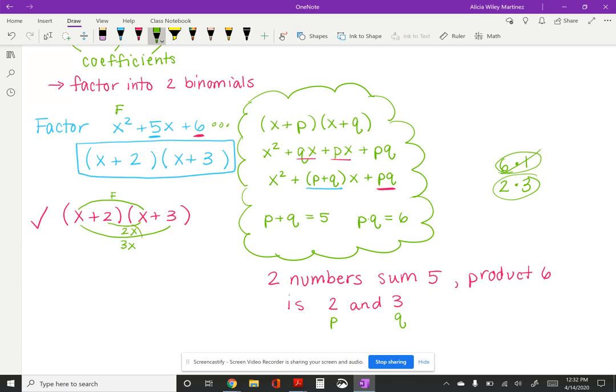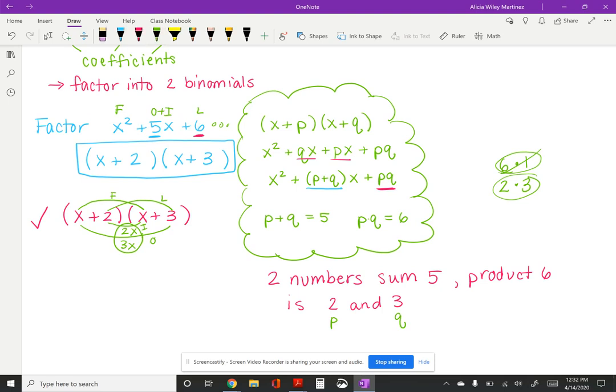Together, this is where the 5x is coming from. It's coming from multiplying the outside and the inside of FOIL, those like terms that you get. And don't forget, you also need to multiply 2 times 3 to get your last term. So that's where the product of the last terms comes from, which is your value of C.